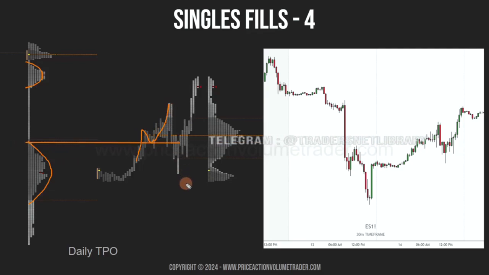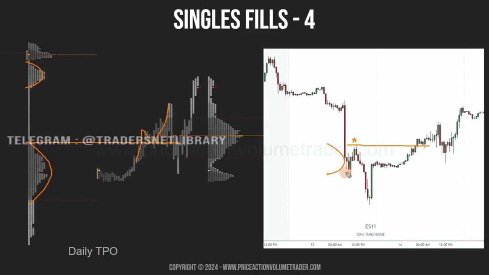We did have this big breakdown, but you can see right over here how we had this swing high. This high volume node, or this edge here, is pretty much from the value that we built. We went up, tested the top, and then continued pushing up over here, starting to fill in these singles.